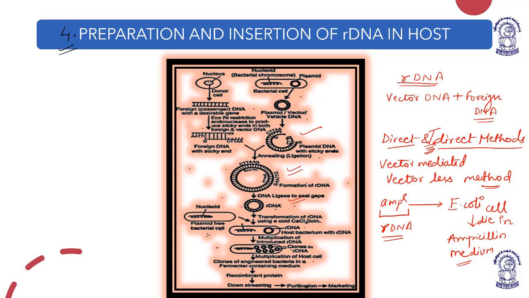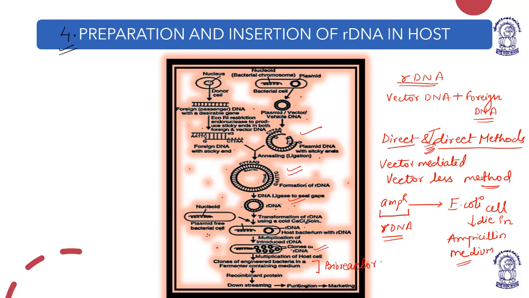The transformants have a plasmid having the rDNA, and then they are multiplied. Multiplication of introduced DNA inside the cell gives clones of DNA. Then the host cells multiply, giving clones of genetically engineered bacteria in the fermenter. This fermenter is basically a bioreactor.